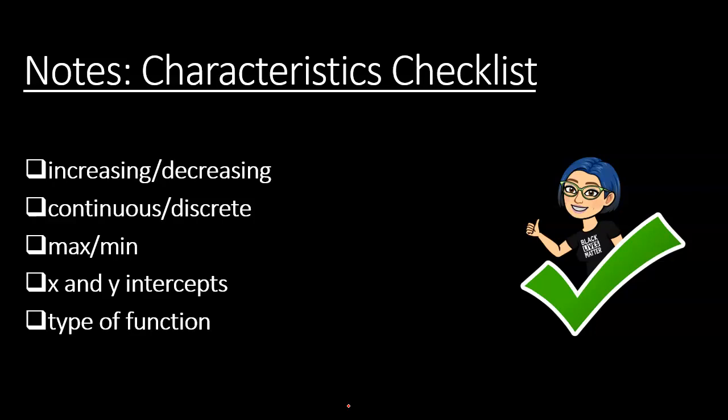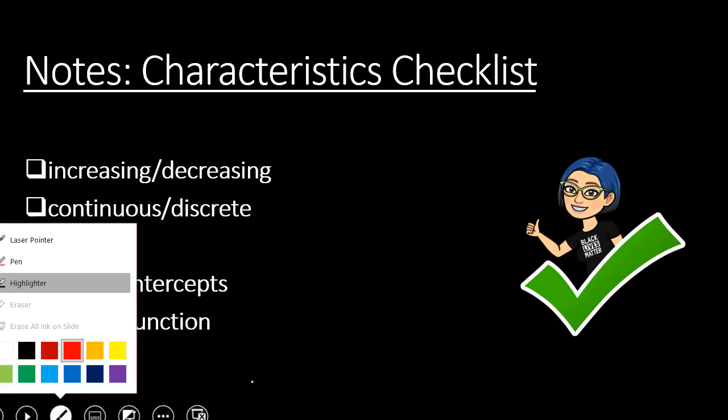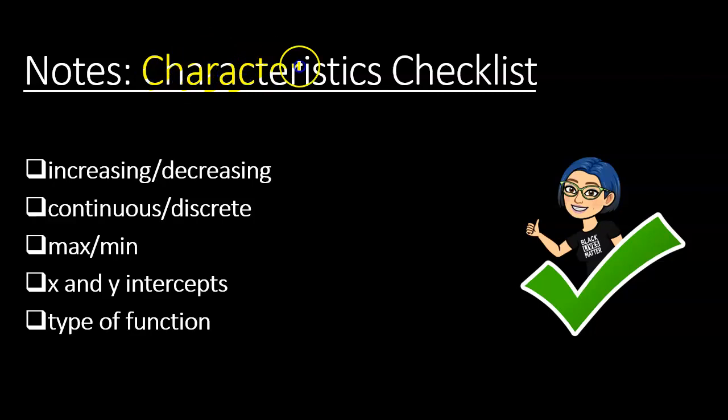So in your notes below where you put your chart, I want you to skip a line and title it Characteristics Checklist. And then copy down this characteristics checklist here.